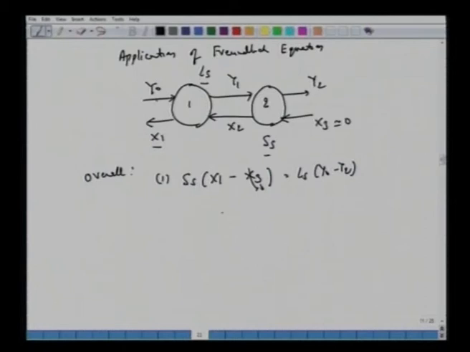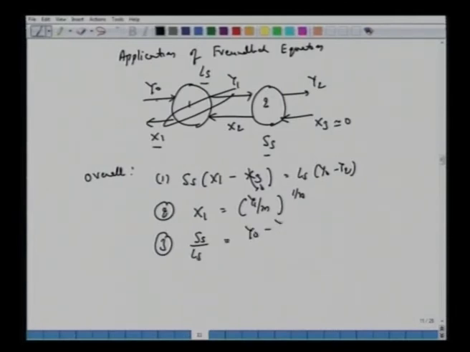But notice x1 and y1 are in equilibrium. So let's write x1 as (y1 over m) to the power 1 over n. Similarly, we can write SS over LS equal to (y0 minus y2) over x1, which is y1 over m to the power 1 over n.